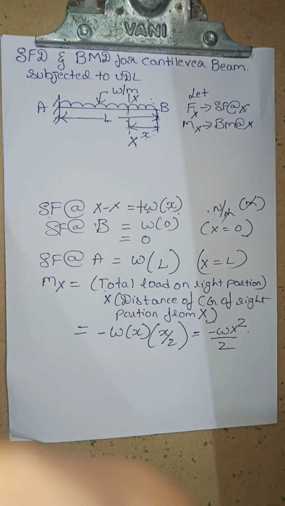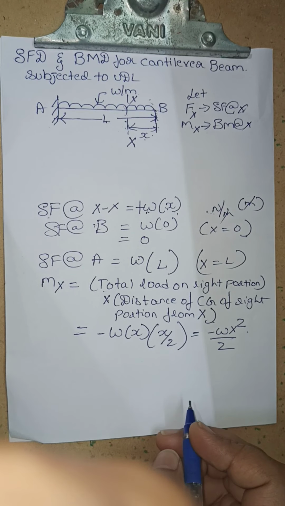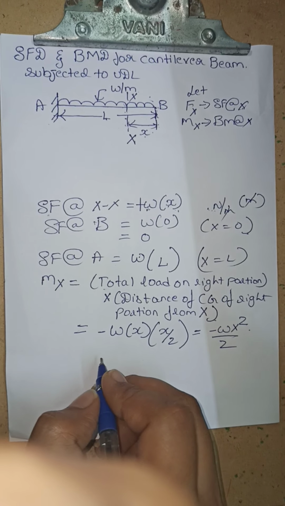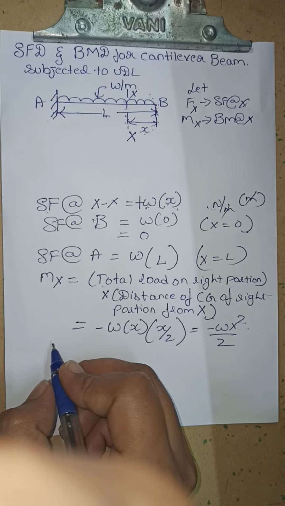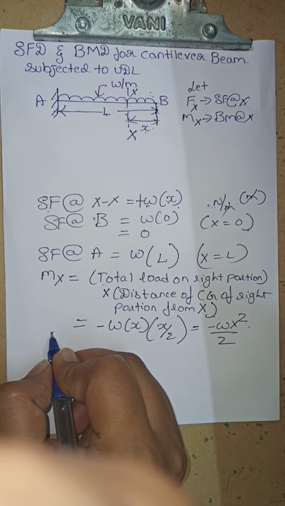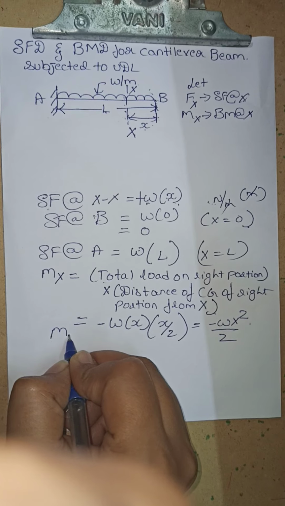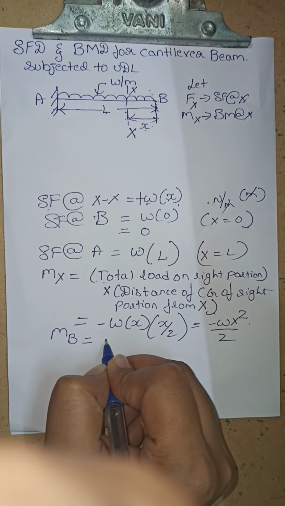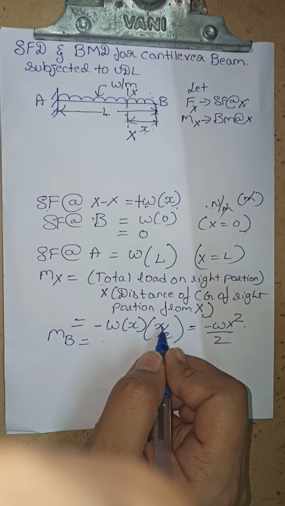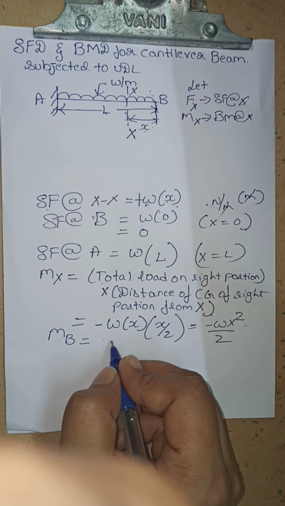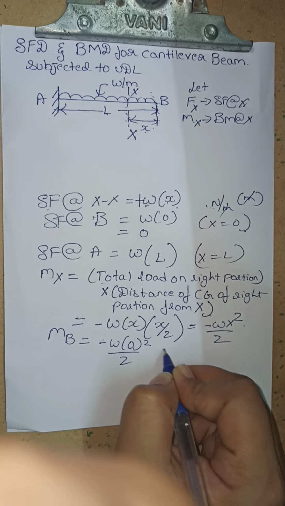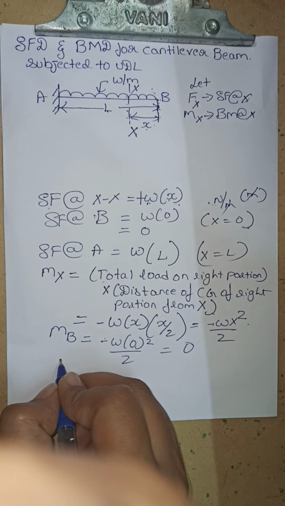After getting the value of the bending moment at XX, we are supposed to find out the bending moment for the other 2 points, that is point B and point A. Moment at B: since the value of x at B is 0, W into 0 square divided by 2 is equal to 0 itself.